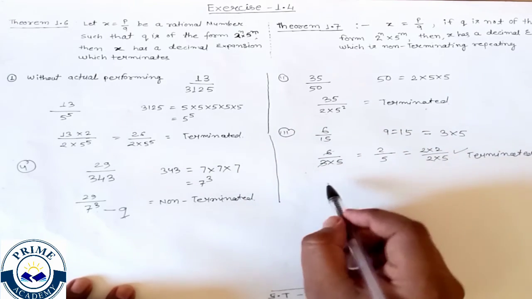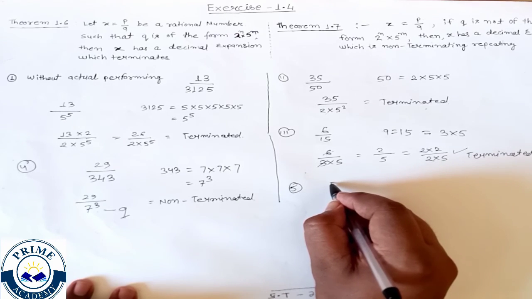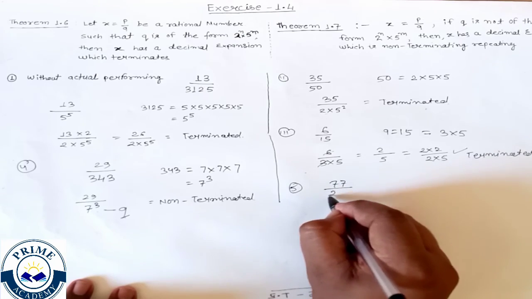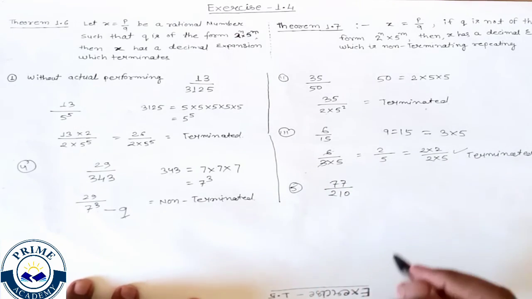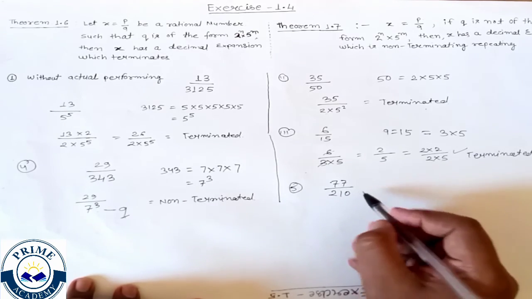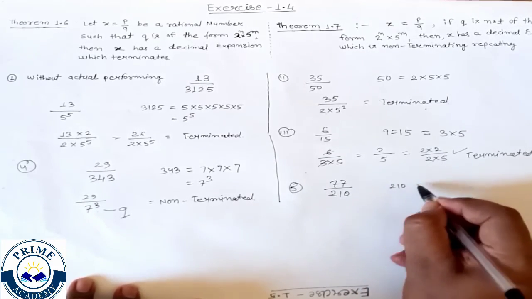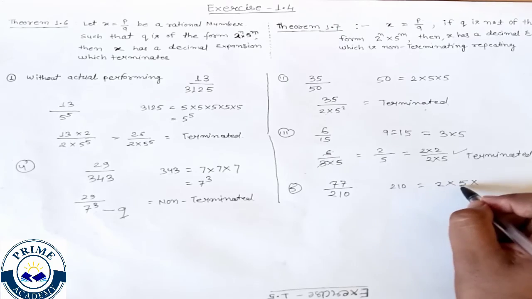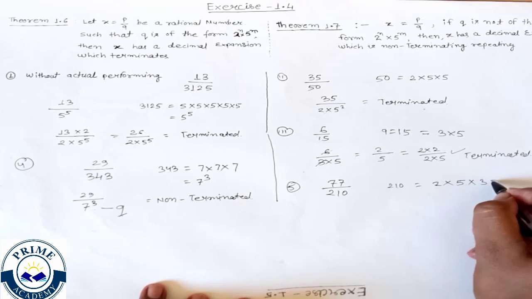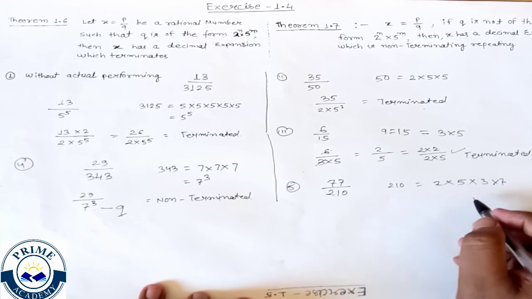Another example I'm doing, this is your fifth one: 77 upon 210. These are all from exercise 1.4, question number 1. We have to check whether this is terminating or not. You expand 210, you get 2 into 5 into 3 into 7.